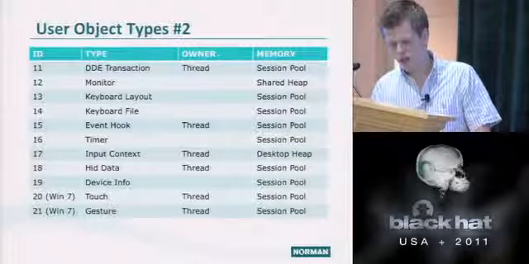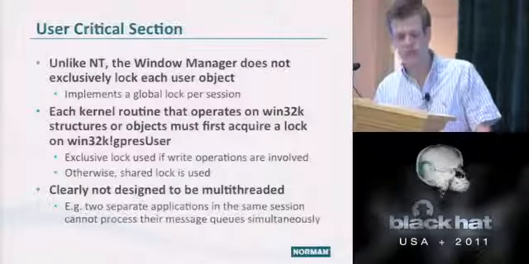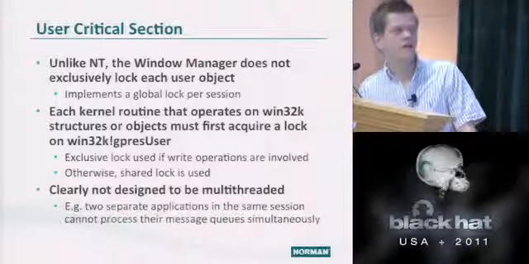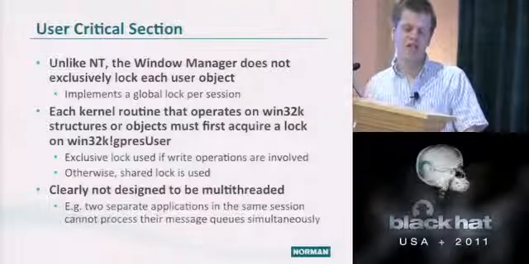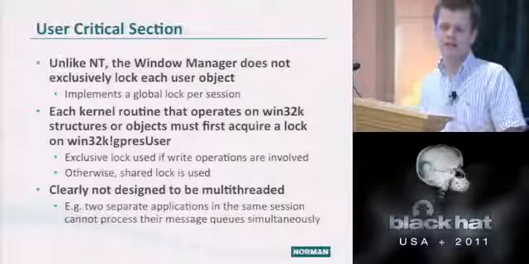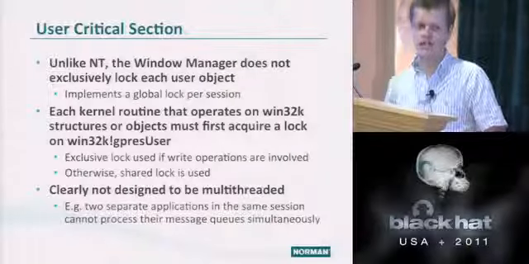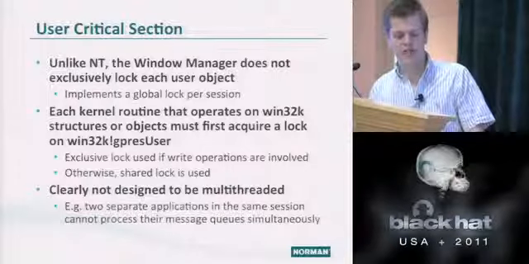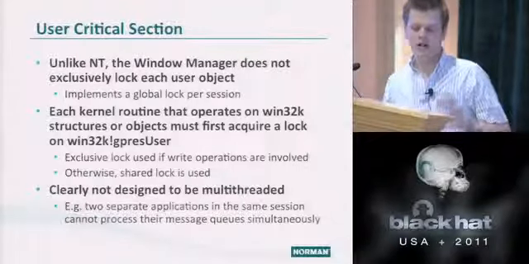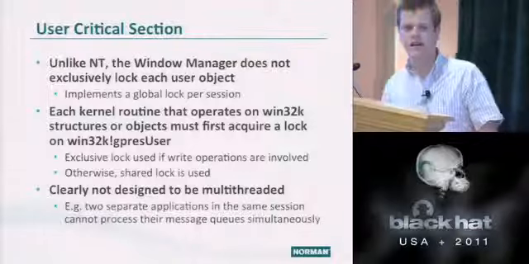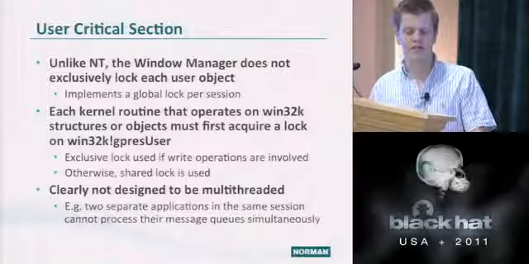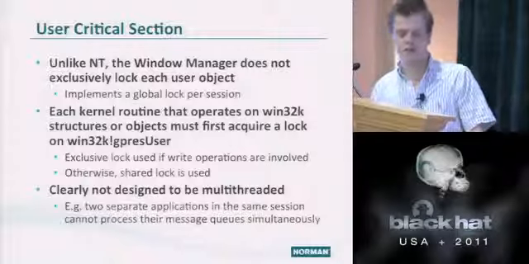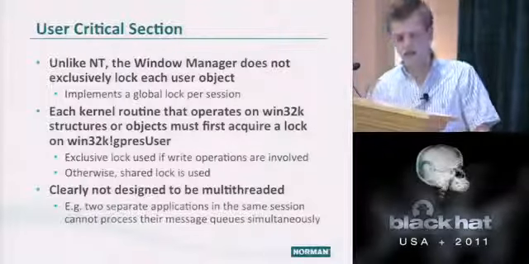What's interesting about the window manager is that it does not exclusively lock each of these objects. When you try to use an object, you would think that it had some mutual exclusion, like a dispatcher header on the object itself, but it locks the entire window manager. So it has a global lock whenever it operates on these objects or any of the data structures in Win32k.